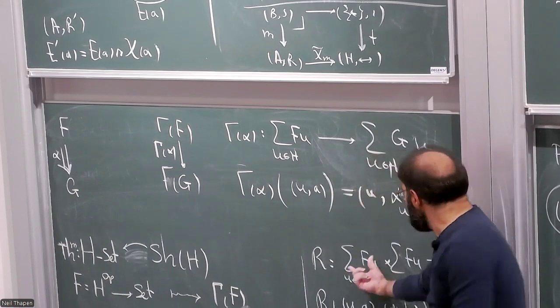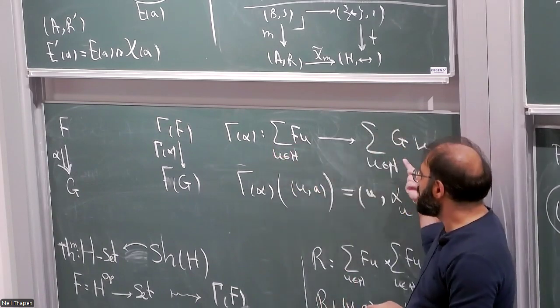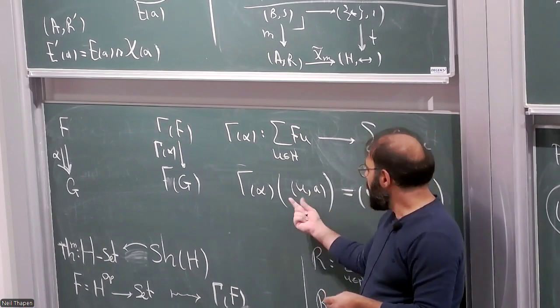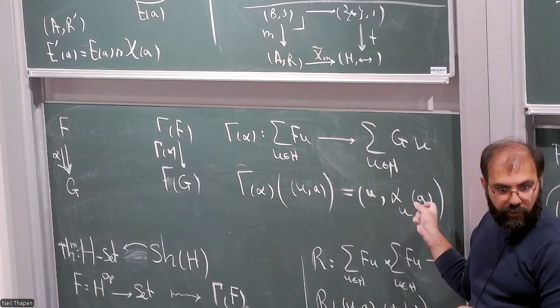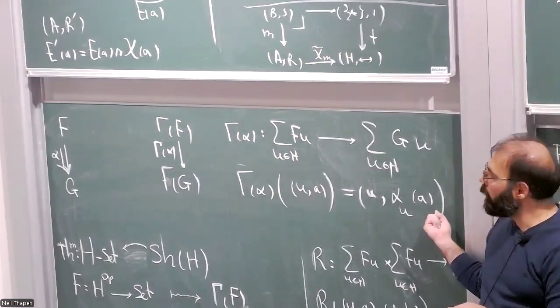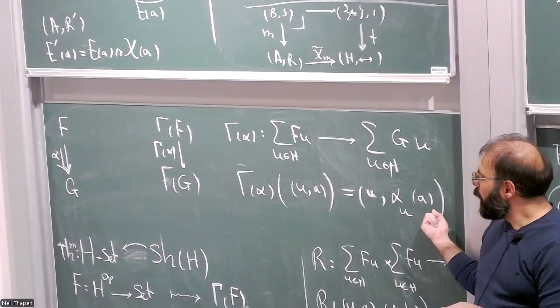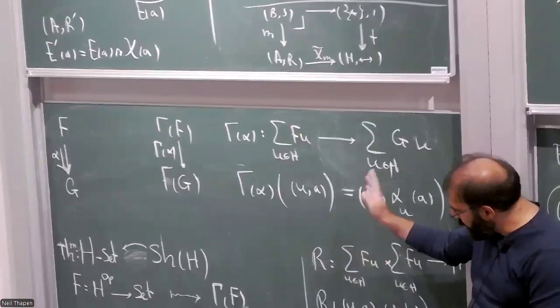So now I weave all of them together, and if I want to go from one to the other, simply I pick one element here, and I know on U how to go from F of U to G of U. I go there. So you have to check, and that's the functor.